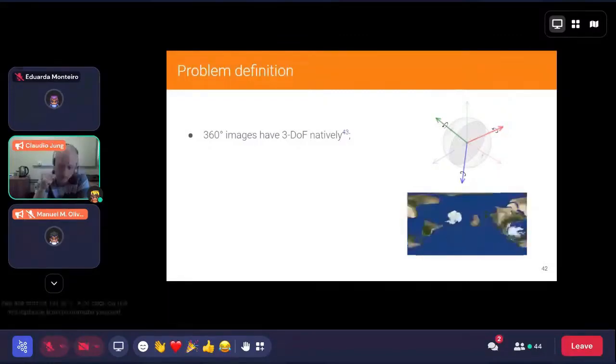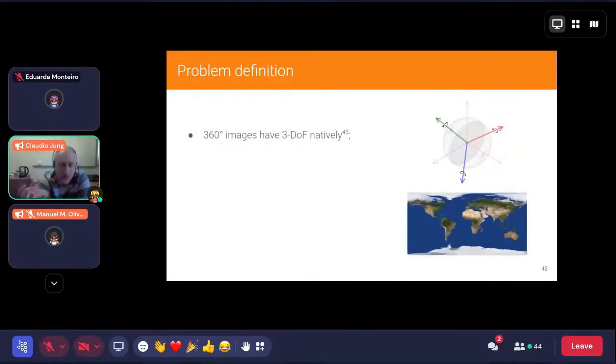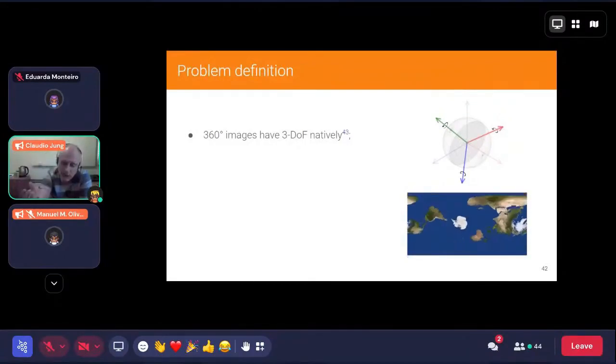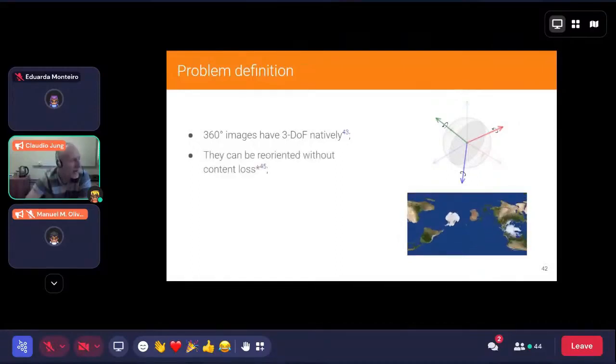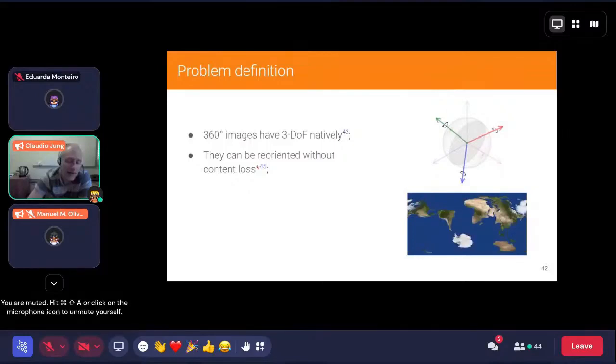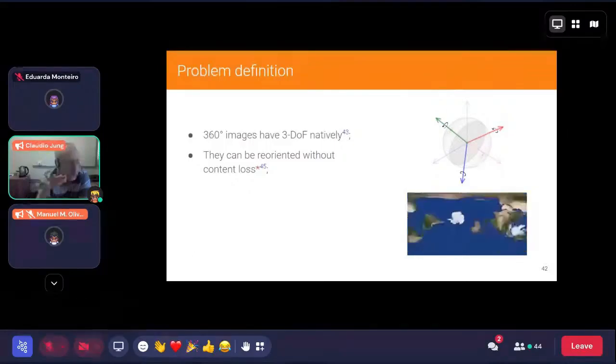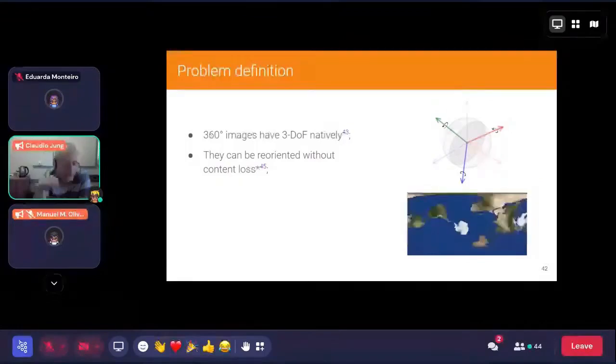So any capture of a spherical image can be rotated or derotated to a standardized capture setup. And when we talk about gravity alignment, basically we want to align the equator line of the panorama, the spherical projection, with the ground plane.